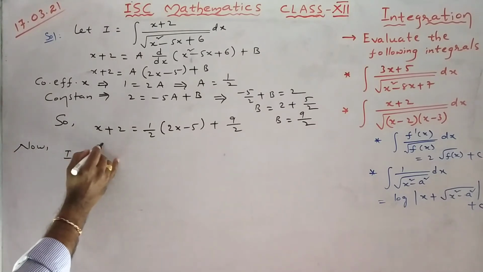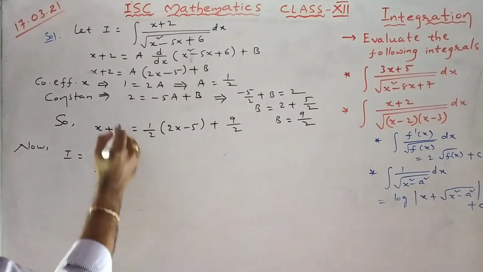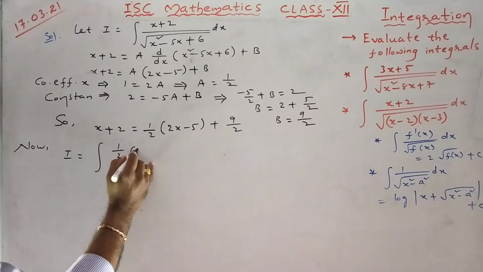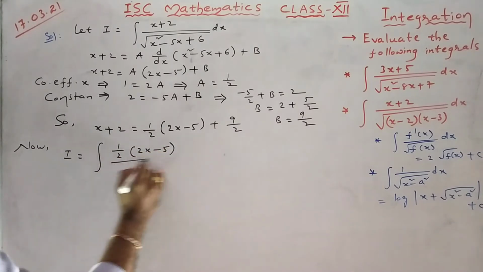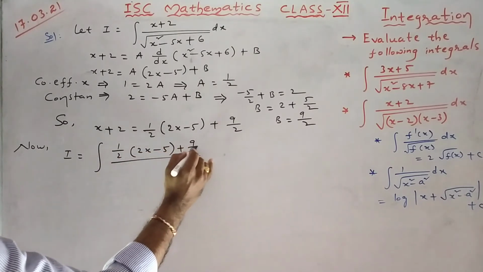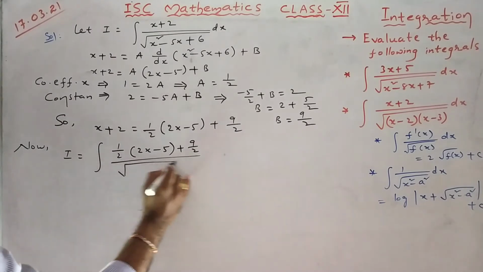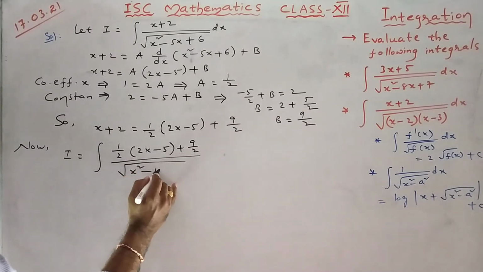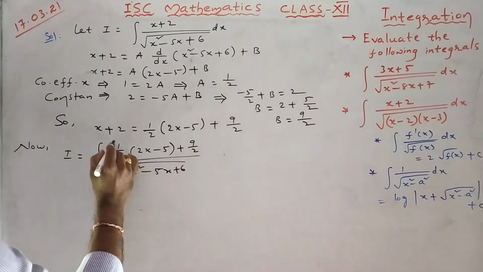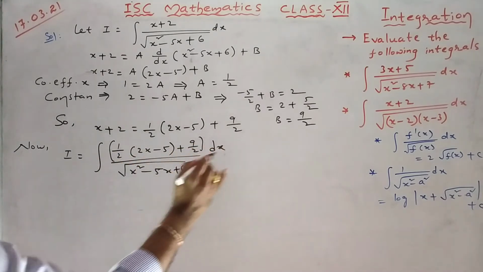Now take the given integral. I is equal to the integral of, in the place of x plus 2, we can write 1 by 2 times (2x minus 5) plus 9 by 2, upon square root of x square minus 5x plus 6, whole dx.